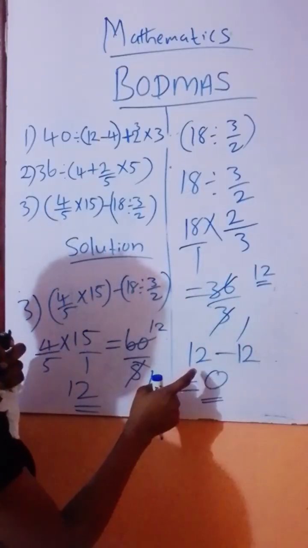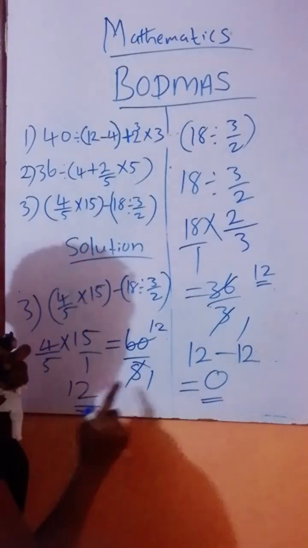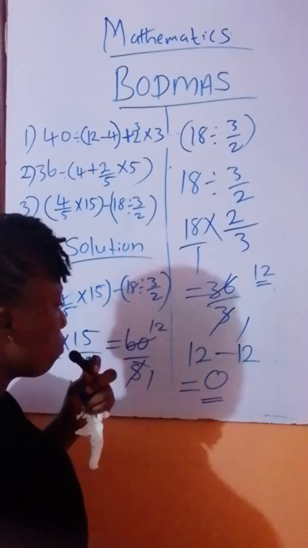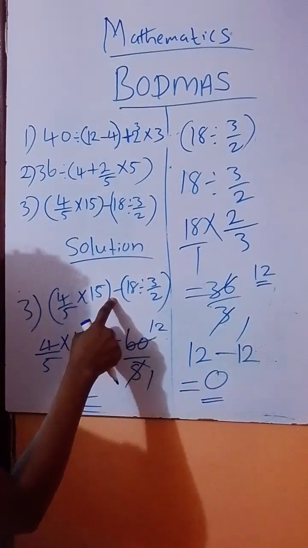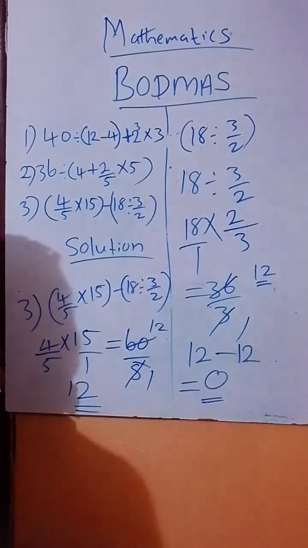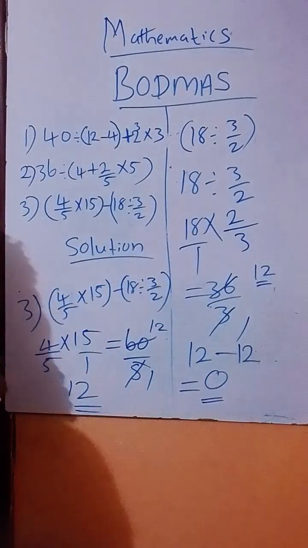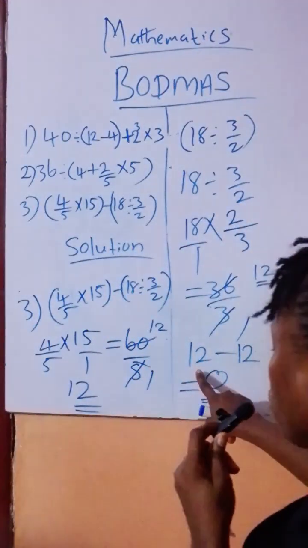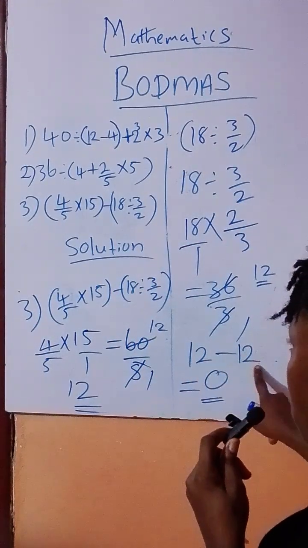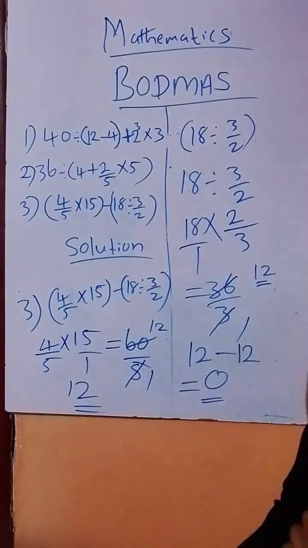We got 12 on the first answer and 12 in the second answer. Because they said minus, that is what it means, that whatever we got from each bracket, we are going to minus it. That means 12 minus 12 is going to give us 0.